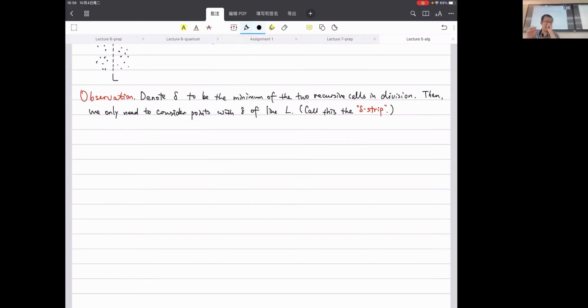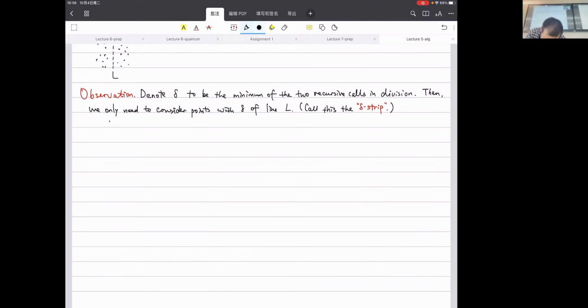So basically, we have recursive calls on the left and the right, and we know this delta to be the minimum. So we have this line L here, and basically we have this delta. Assume that you have a point outside this delta strip.